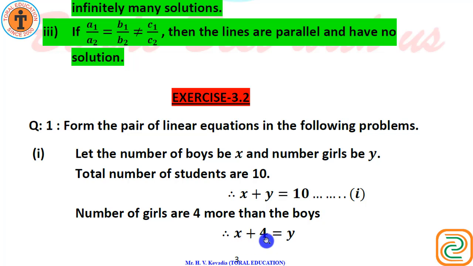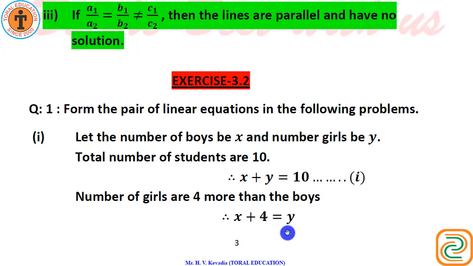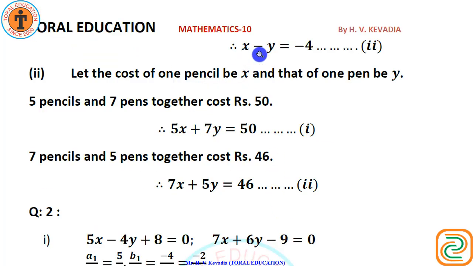If we add 4 to x, then we get the number of girls, that is y. Right? x plus 4 equals y. We can say x minus y equals minus 4. y has been taken to the left side and 4 to the right side. So this is equation number 2. You should draw the graph in your graph paper.